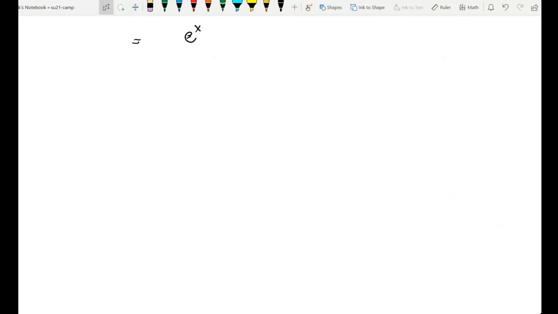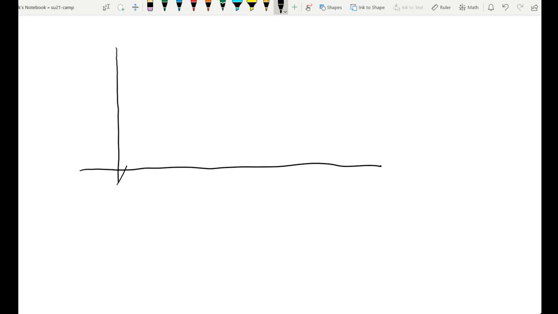All right. So next, we're going to look at how derivatives can tell us something about a function, or what they can tell us about a function, right? So this is the graph of some function.